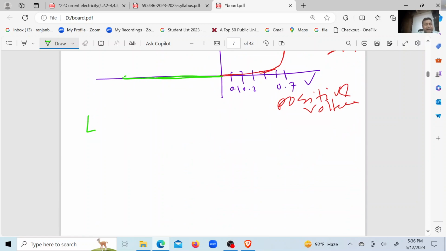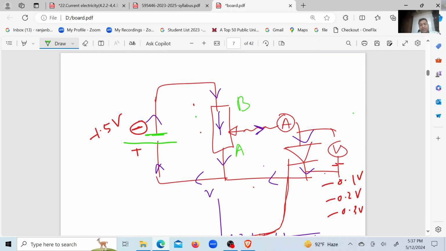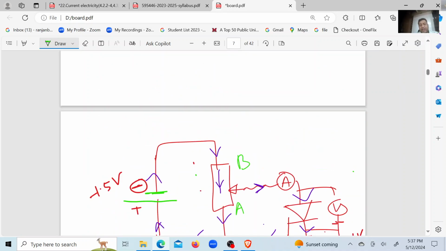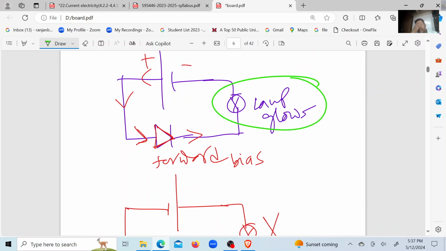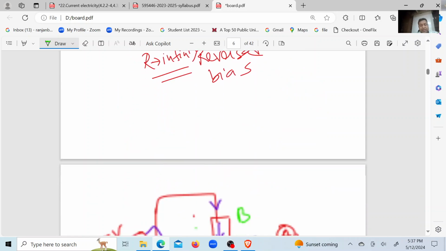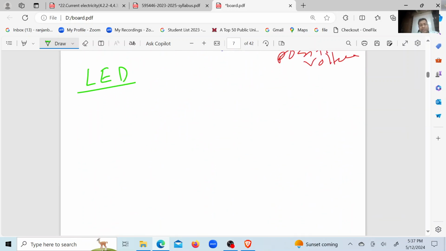LED is another device called a light emitting diode. In the case of a diode, whether it is conducting or not, you can confirm by looking at the lamp or connecting an ammeter to the circuit. But an LED glows itself when there is a current.